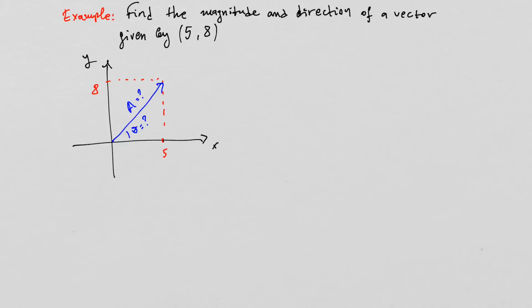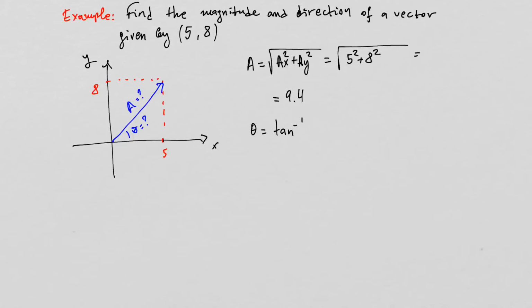So the definition of the magnitude of a vector when we know the components states that A will be equal to square root of AX squared plus AY squared. So that is a square root of 5 squared plus 8 squared. This is equal to 9.4. So that's the magnitude of A. Now let's find the angle. The angle theta will be equal to the inverse tangent of AY divided by AX.